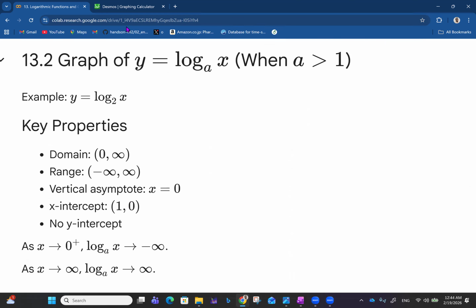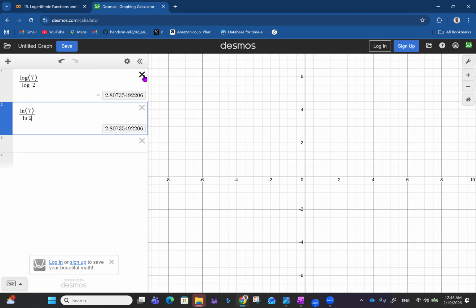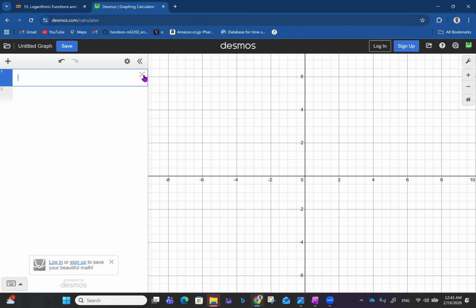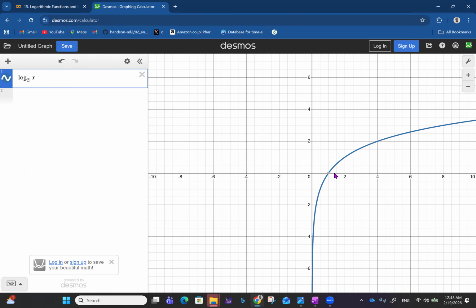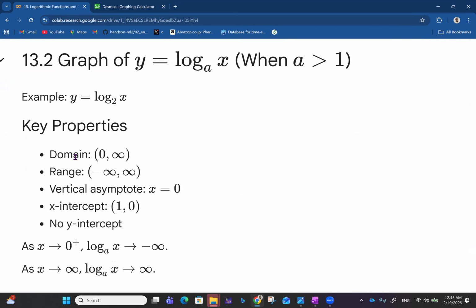This is talking about log x to base 2 now. So see this now. That's what we've been saying. This is the intercept 1 comma 0, as we have it here. The domain of the function itself is 0 to infinity.